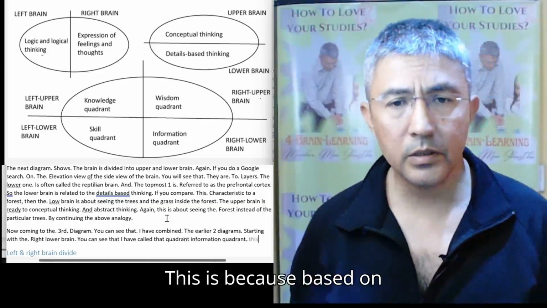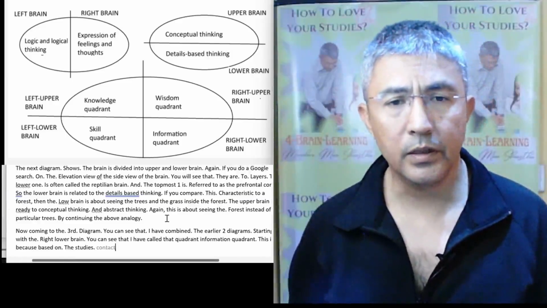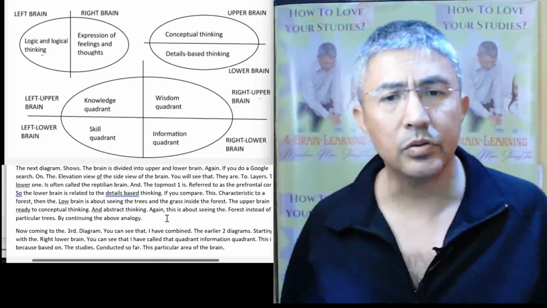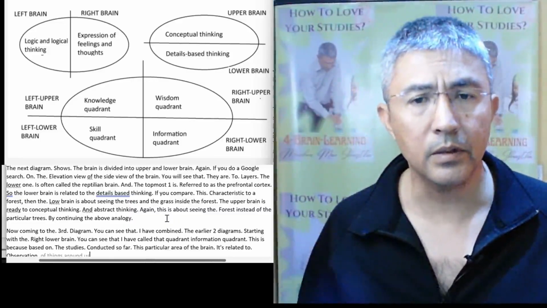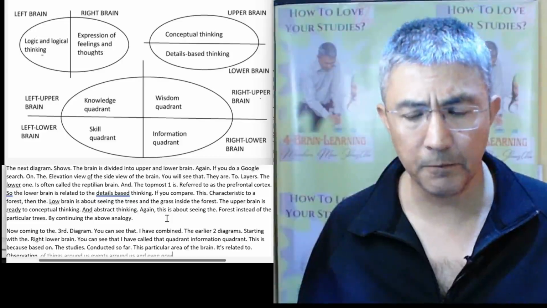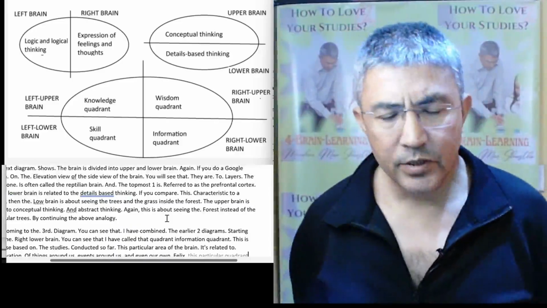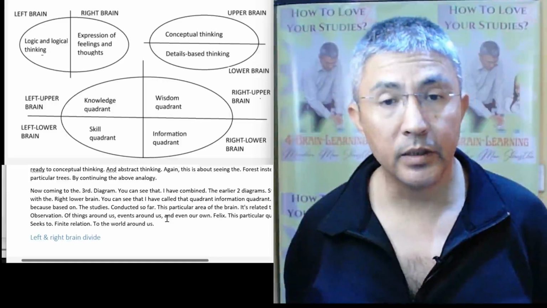This is because, based on the studies conducted so far, this particular area of the brain is related to observation of things around us, events around us, and even our own feelings. This particular quadrant seeks to find a relation to the world around us and within us.